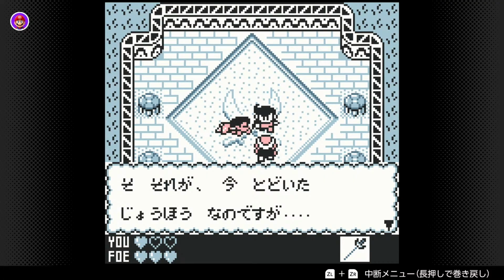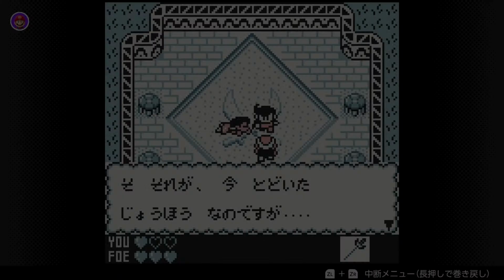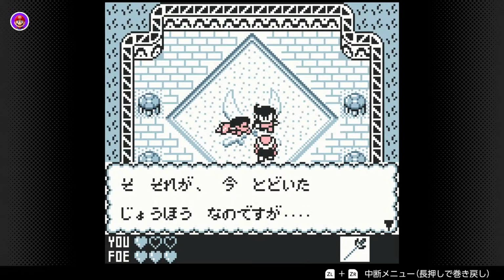Regular polite speech, yeah, this is the one used usually nowadays, more often than not. So yeah, da in plain speech, des in polite speech. Technical contraction of de arimasu, again from de aru. But yeah, des. Then we have last but not least the ga.